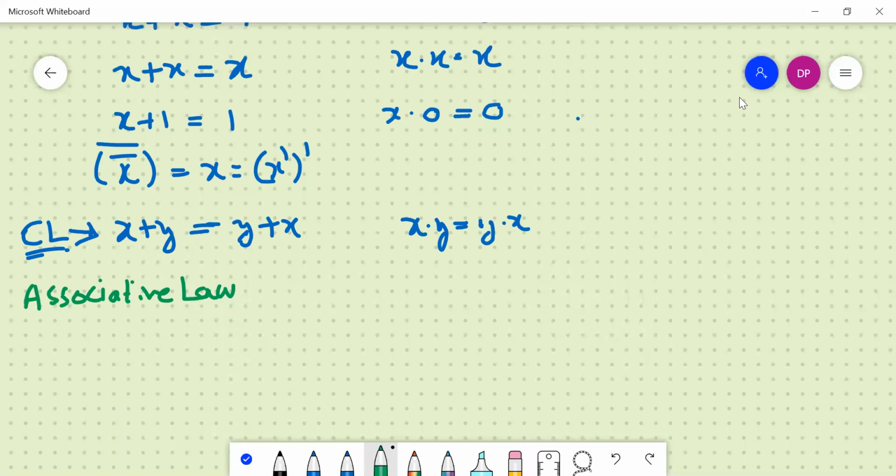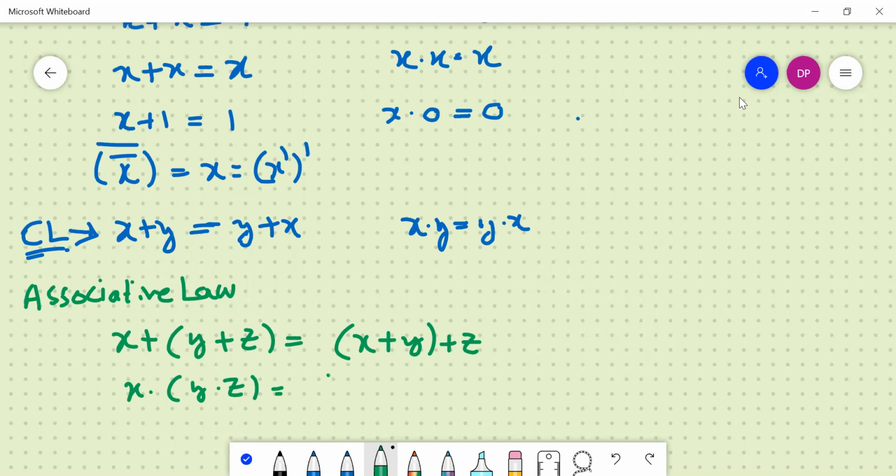X plus Y, X or with Y, or with Z can be written as X plus Y or with Z, X or with Y or with Z. In terms of AND operation, X and with Y and Z can be written as X and with Y, and with Z. It's the same thing. Associative law.